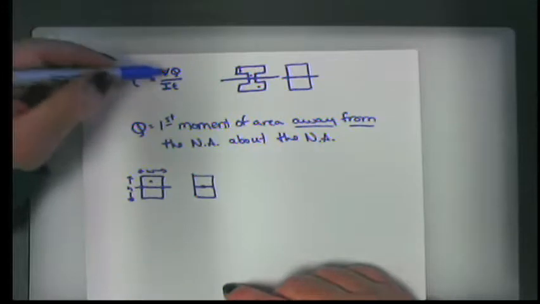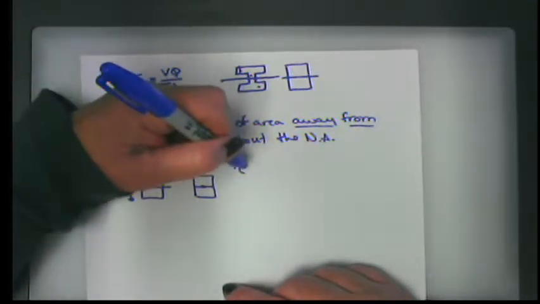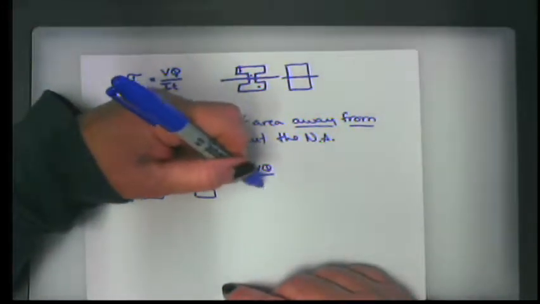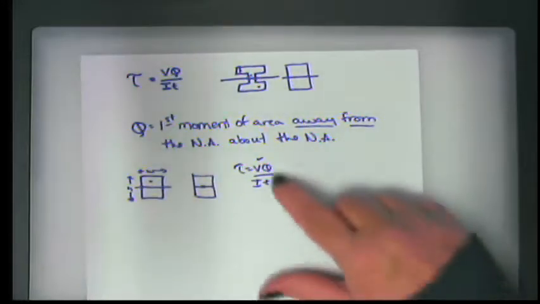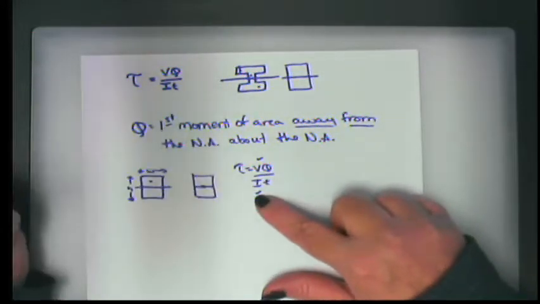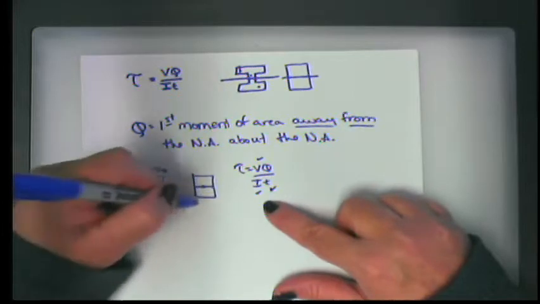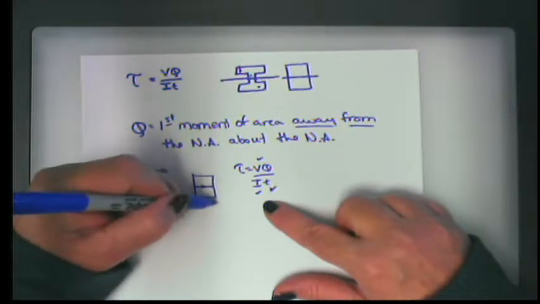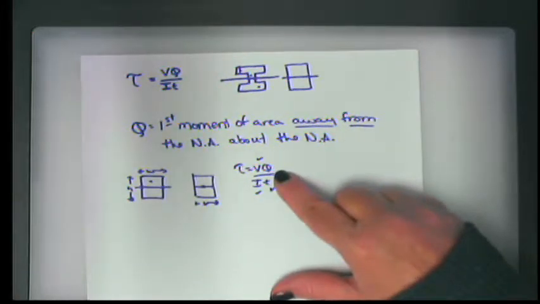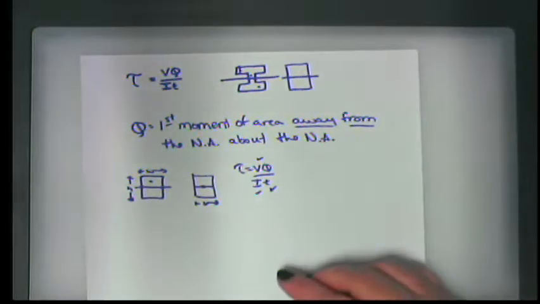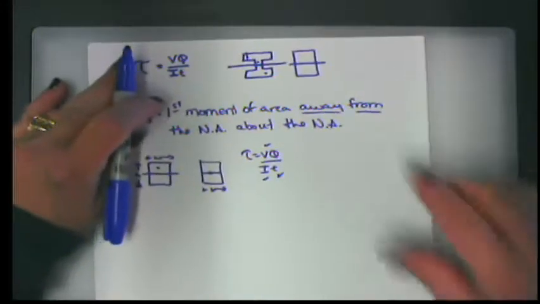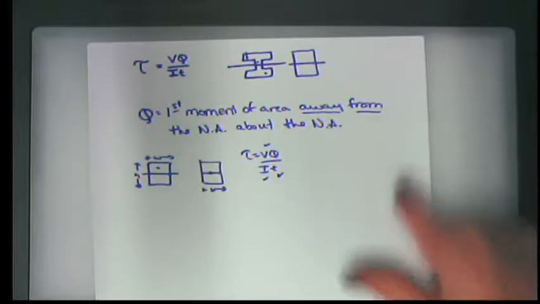Well, the answer to that is tau everywhere is VQ over IT. We would know V, we would know I, and T, the thickness, would just be this measurement, W. But what is Q? Q is the first moment of area away from the neutral axis, about the neutral axis.